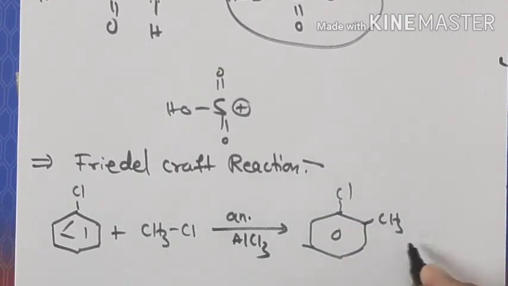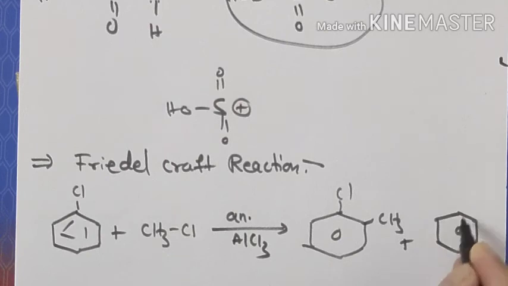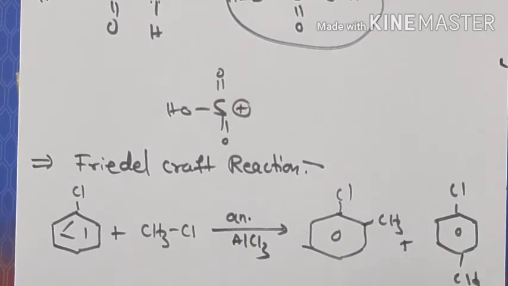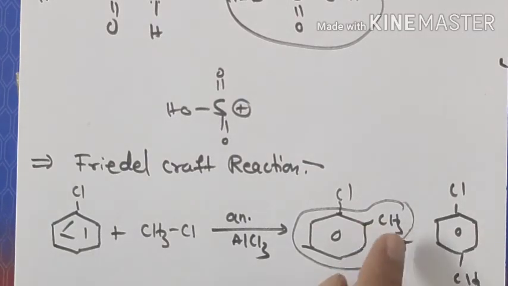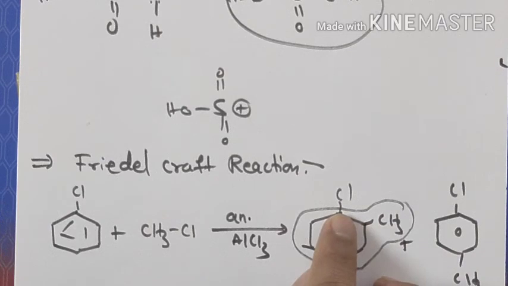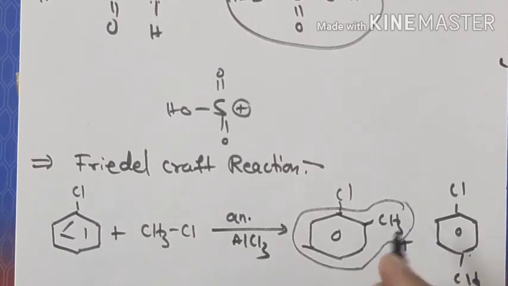CH3, or I can get the other. Now, what is the name of this, student? If you remember, what is this called? This is called toluene, right? And we have chlorine over here, so this is called 2-chlorotoluene, because this is going to be 1, this is 2.